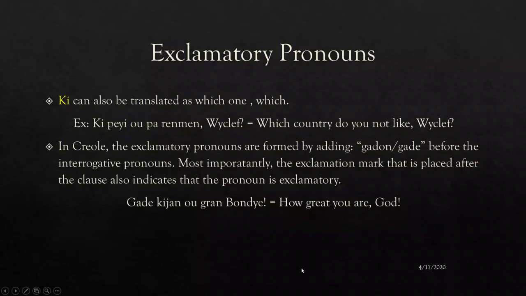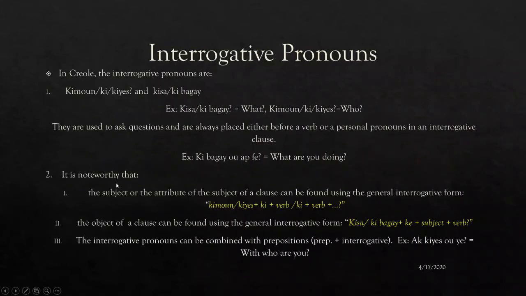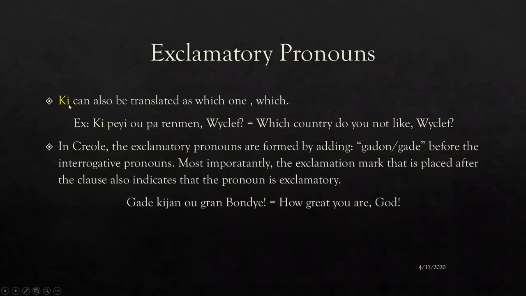Sometimes this key means who, but in this one, the key is translated as which or which one. So in this sentence, it means which. Which country do you not like, Wycliffe?